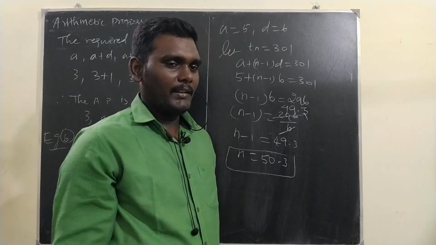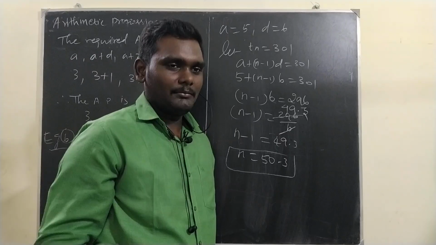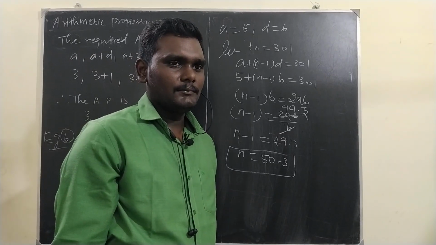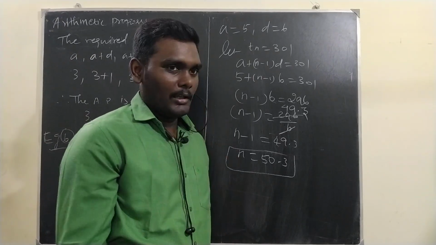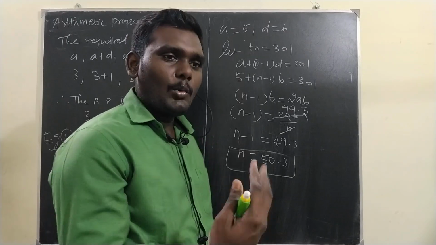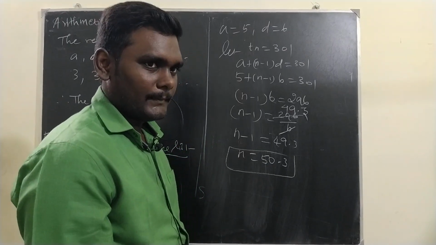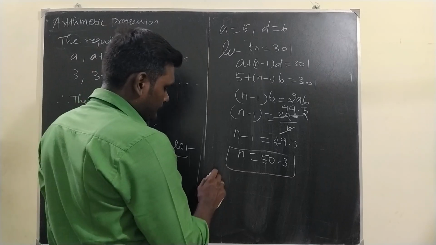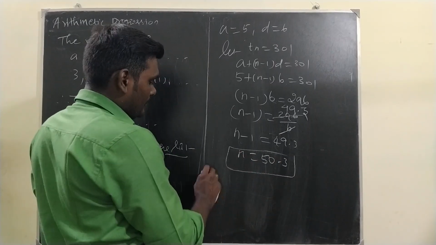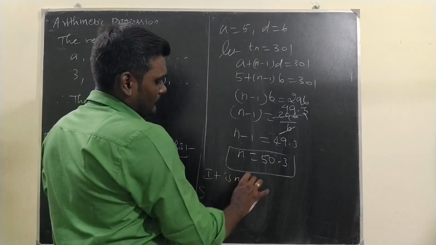Is this even possible? First term, second term we may say, but 0.3rd term? So it is not a whole number. It is not a counting number.